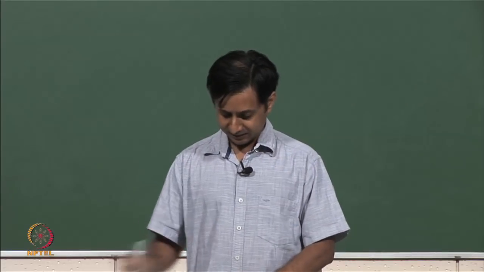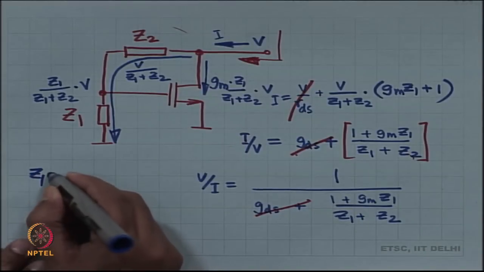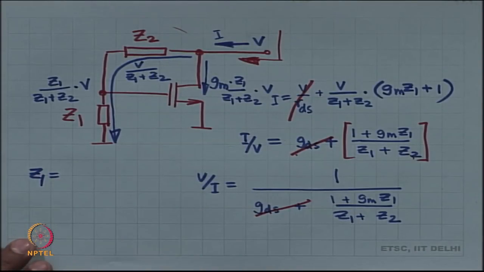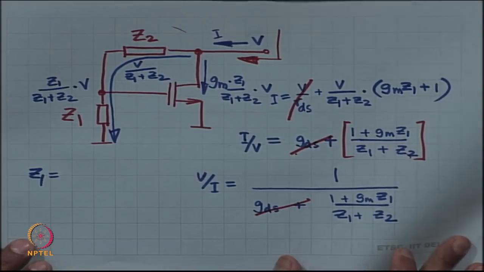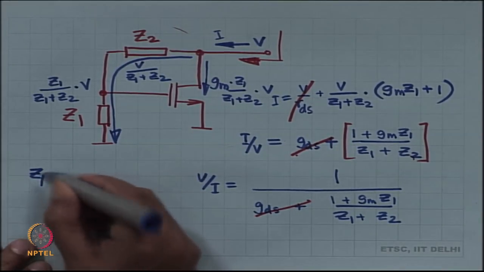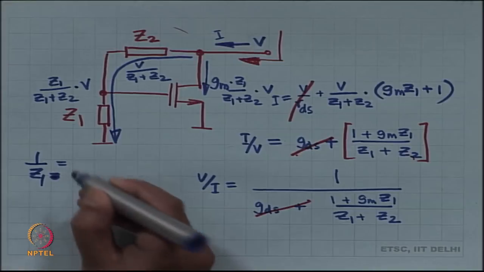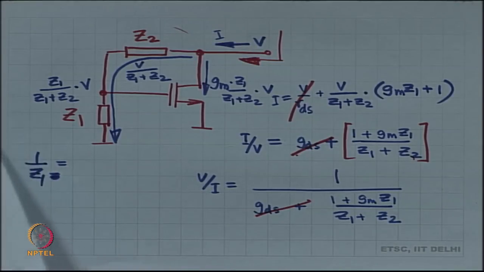So, in our case Z1, actually Z1 is hard, 1 by Z1 is something that I have readily.